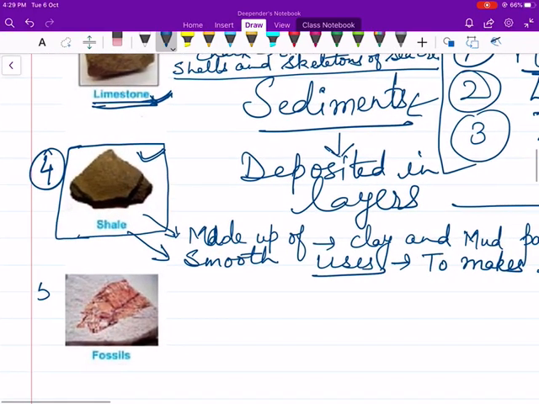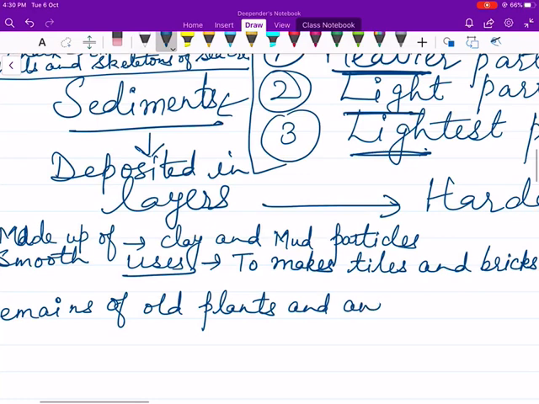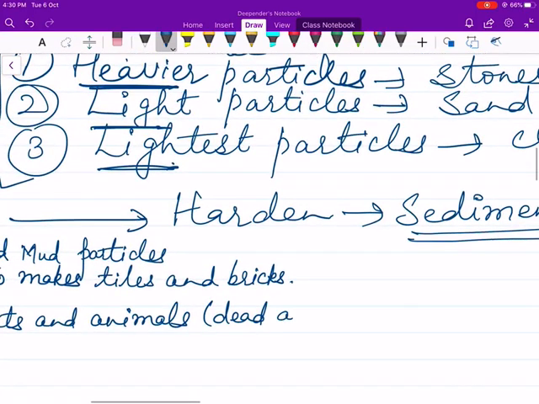Okay, now if we come to the last one, the fifth type of sedimentary rock, that is the fossils. You are able to see in this picture the sedimentary rocks contain remains. The fossils are the remains of ancient, means old, plants and animals which are dead and decayed.